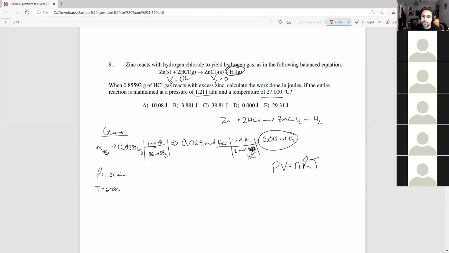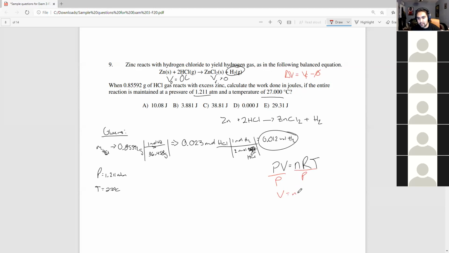Here I just chose H2 because it seems simple to me. The other reason is that initially we don't have a volume for H2. Before the reaction happens, we didn't have a volume of H2. After the reaction happens, we do have a volume. So our delta V would be our final volume minus 0, making our delta V very easy. Okay, thank you.